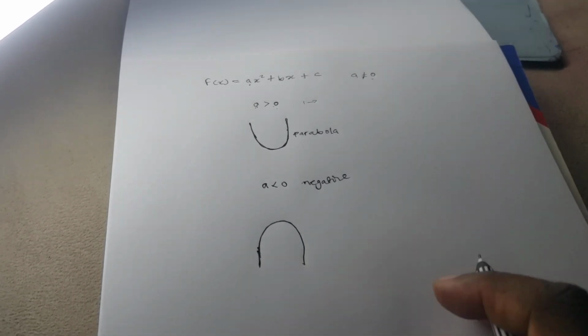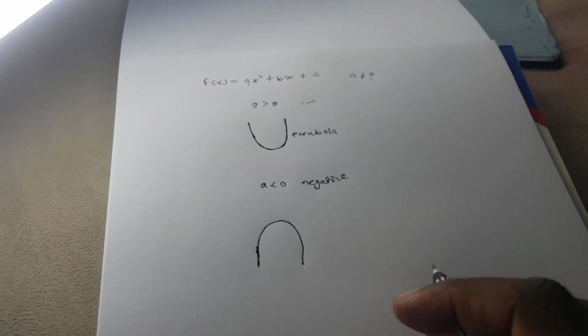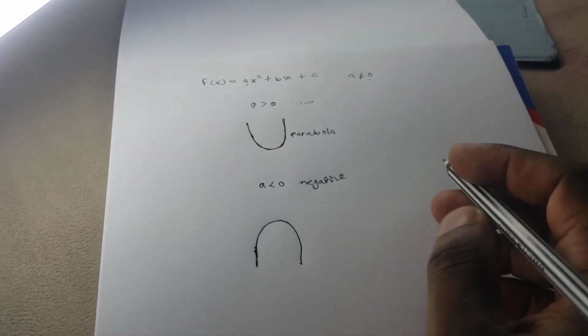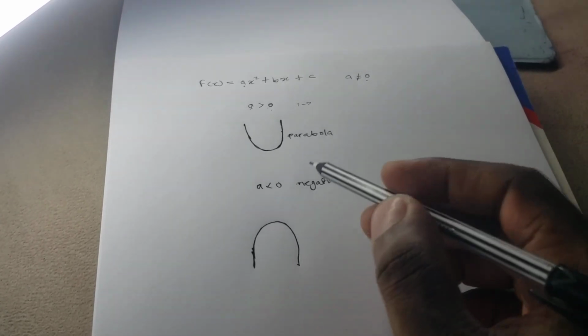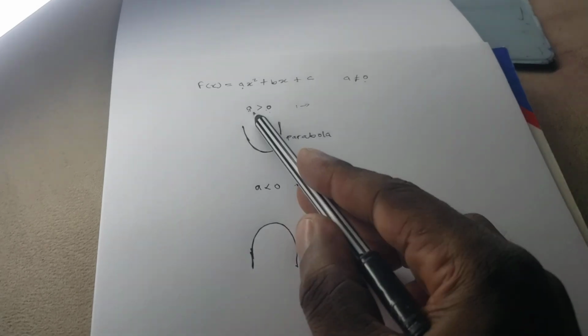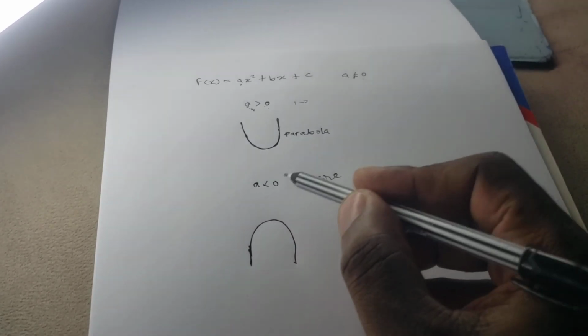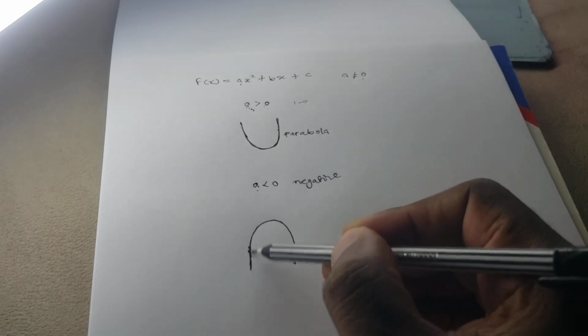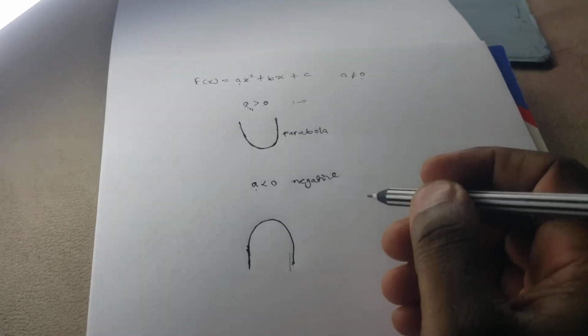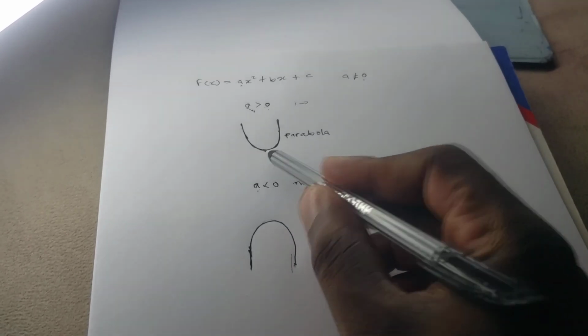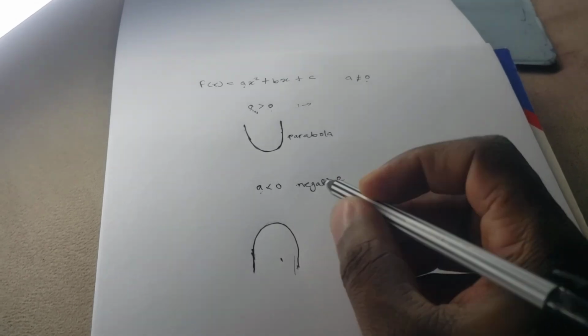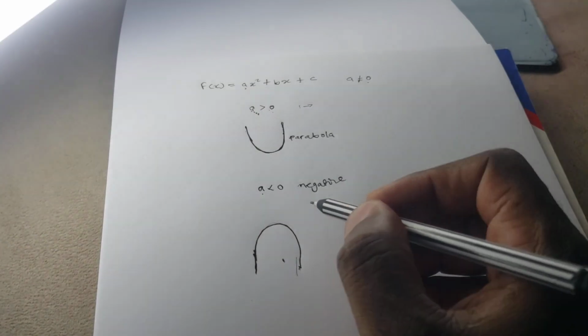I know my drawing isn't that accurate, but it will come out like this. If our a is positive, we have such a parabola. If our a is less than 0, we have such a thing. And all these are represented by this kind of function.